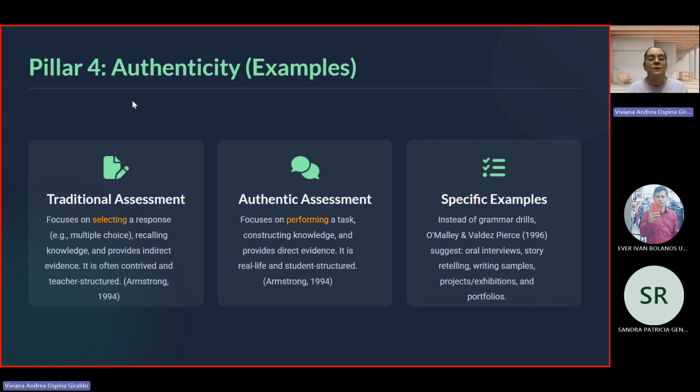constructing knowledge. So my student will be able to use metacognitive skills. When I'm doing authentic assessment, I'm providing him the opportunity to structure his train of thought.